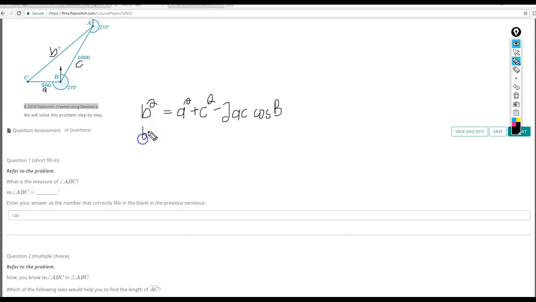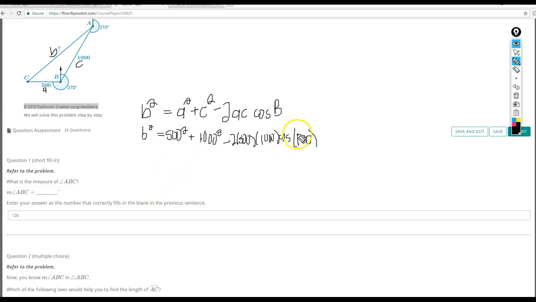So we have side length b squared, because I don't have that length, is equal to a squared, which is 500 squared, plus c, which is 1,000 squared, minus 2 times 500 times 1,000 times the cosine of our angle b, which was 120 degrees.